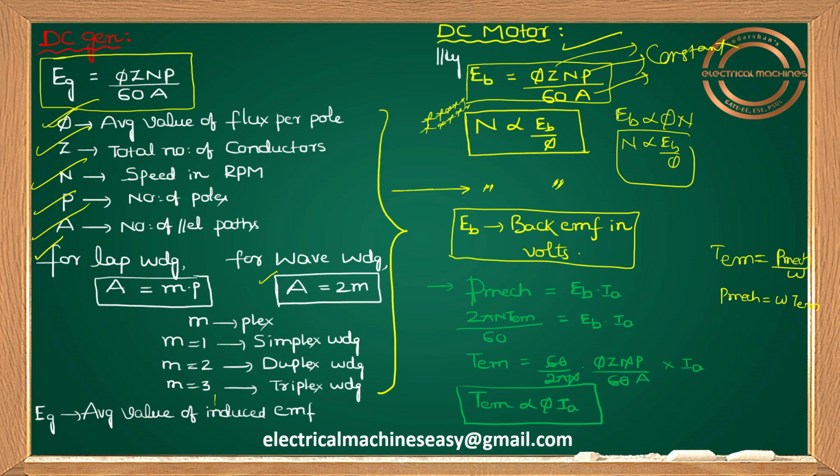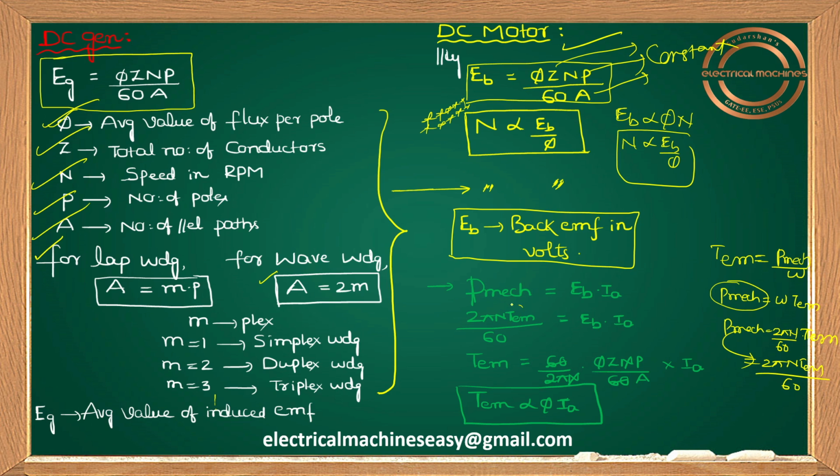What is the formula for the mechanical power developed in a DC motor? P mech is equal to omega, which is 2 pi N by 60 angular velocity, into Tm. That means I can write 2 pi N T by 60, where T means electromagnetic torque.